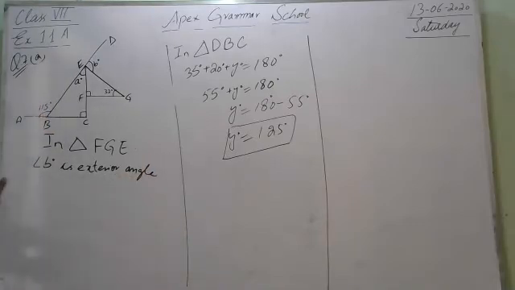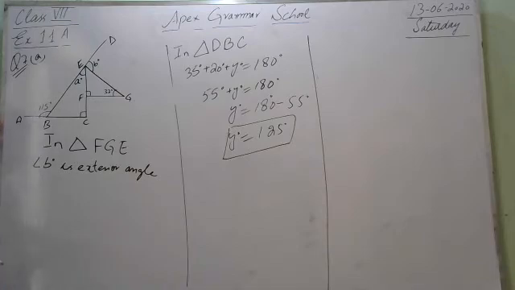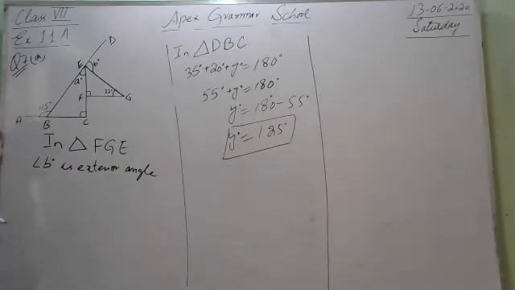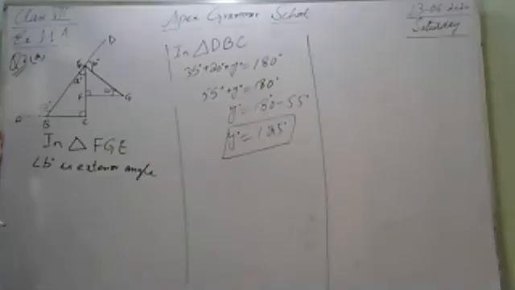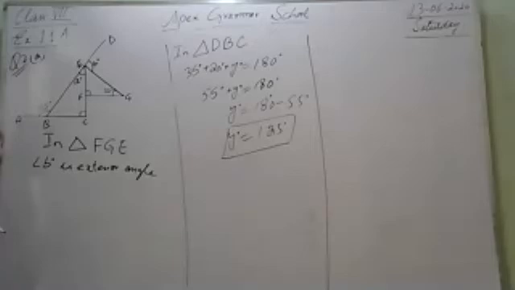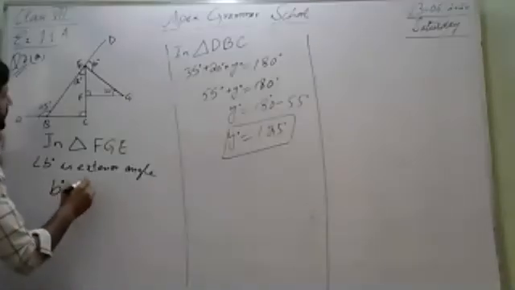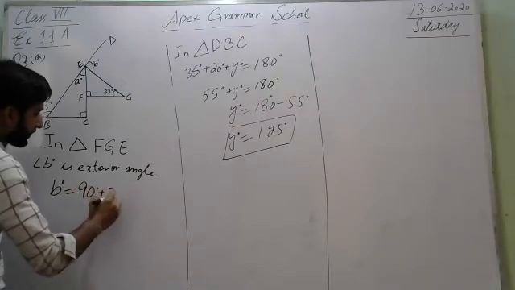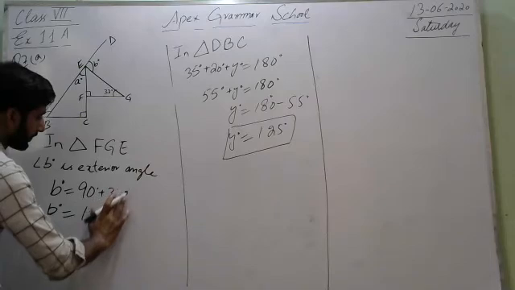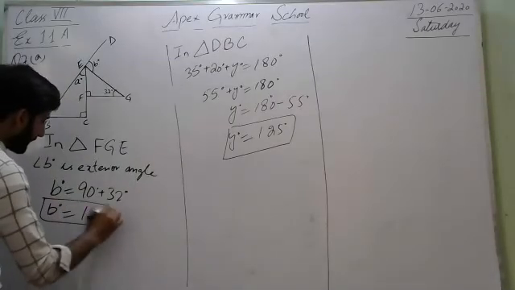So according to its property, the exterior angle is the sum of the two opposite angles. So B degree equals 90 degree plus 30 degree, which is 120 degree.